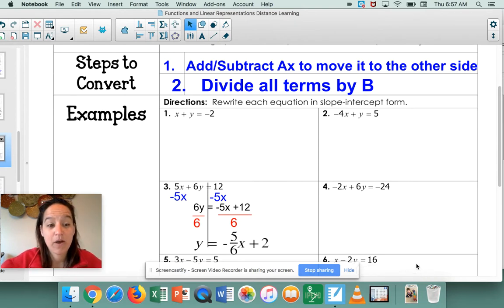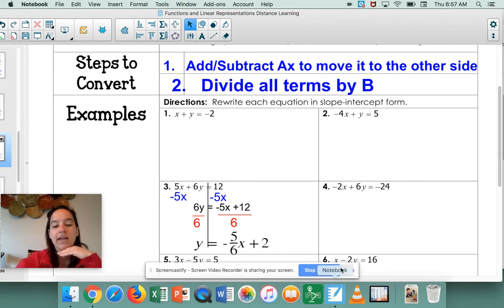Pause, rewind if you need to, but we're going to do another one. So here I've got number 4. First thing I'm going to look at, and again, like I said, the true standard form, that a should be a positive integer. Because it's a negative integer, it's not technically the true standard form. These are just more problems that we're using to practice to manipulate.